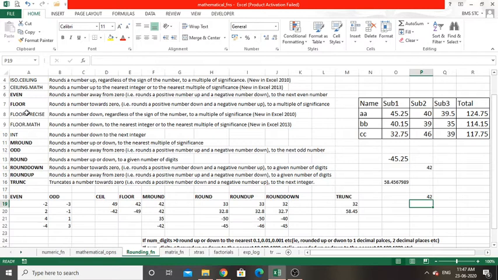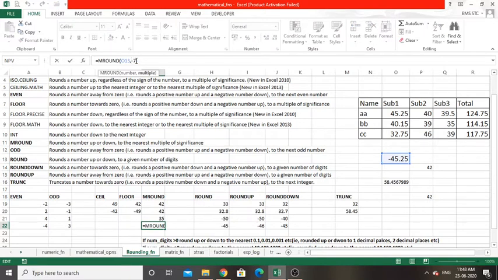Second point is, rounding occurs when the remainder from dividing the number by the multiple is greater than or equal to half the value of the multiple. And the number and the multiple must have the same sign. I don't know if you have noticed that I passed a negative significance value.